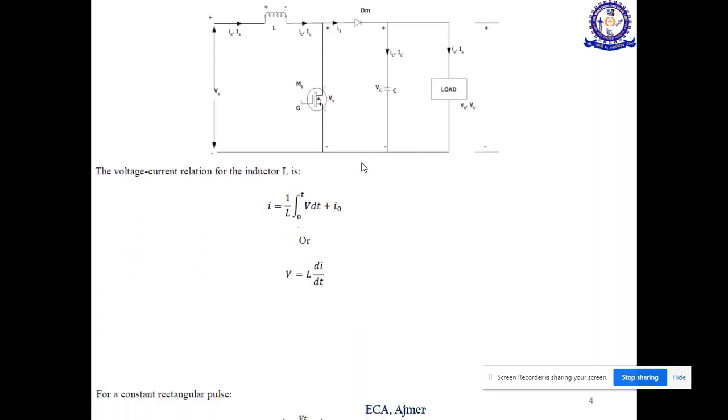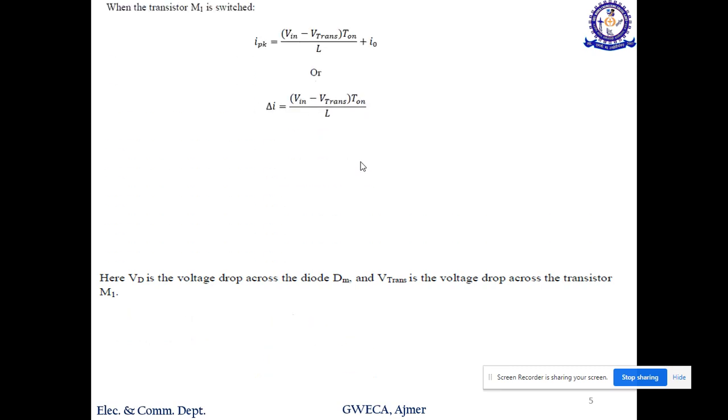So we have written V in minus V, the voltage drop across the transistor, multiplied by T on, because we are calculating during the on time. If we were calculating during the off time, then it would be T off.